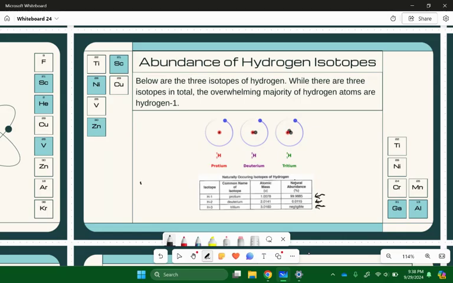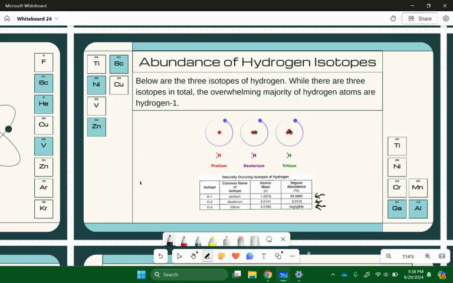And then lastly, we have tritium. Tritium is hydrogen 3. You can see it right here. It's got one proton and two neutrons. Okay, so it's still hydrogen because it's only got one proton, but it's got a mass number of 3. Tritium is very, very rare.